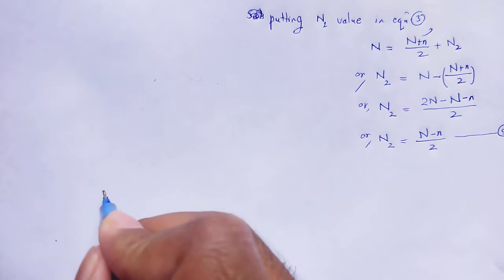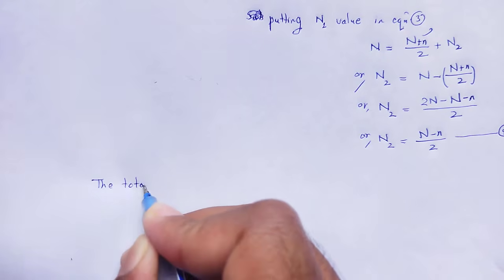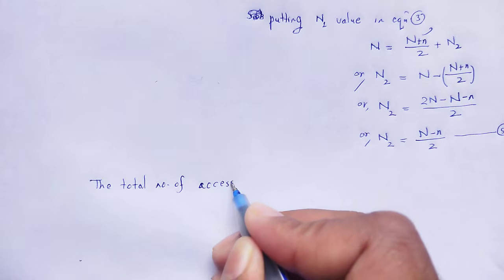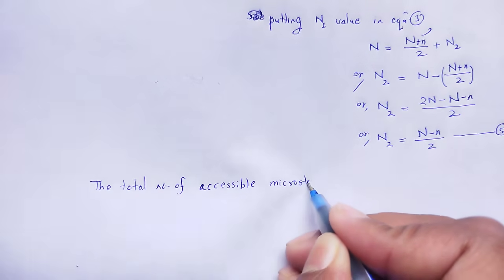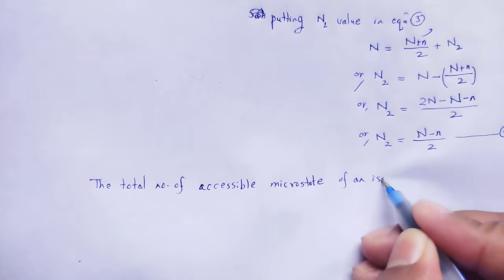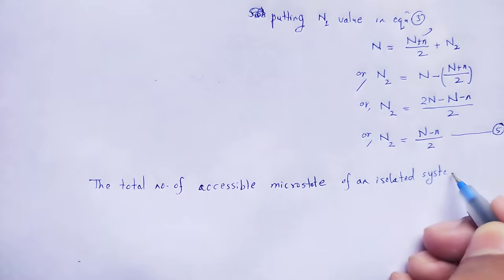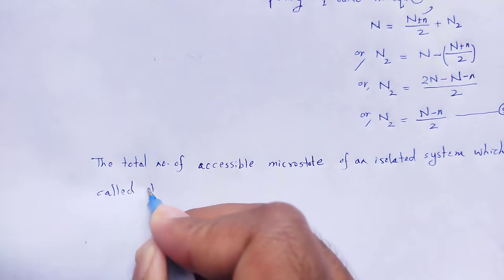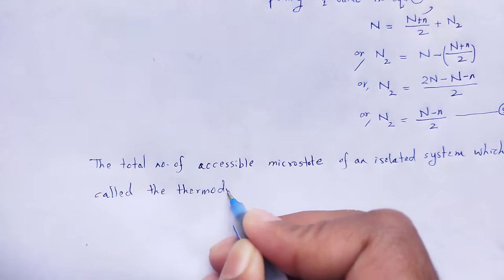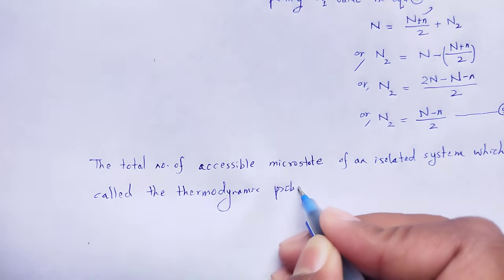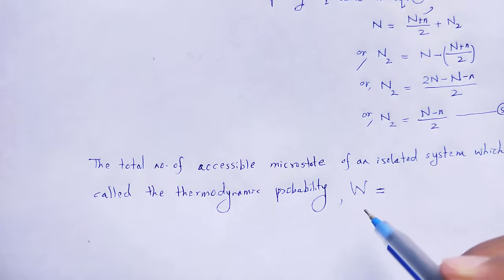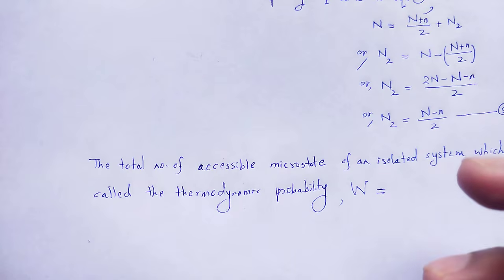The total number of accessible microstates of an isolated system is called the thermodynamic probability, W. In what ways can we arrange these particles?